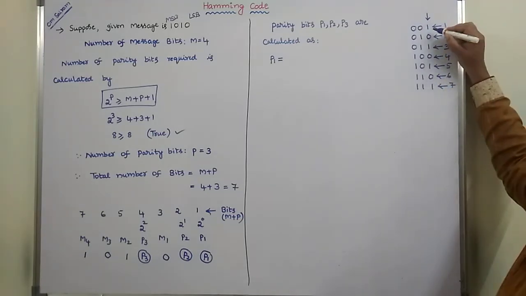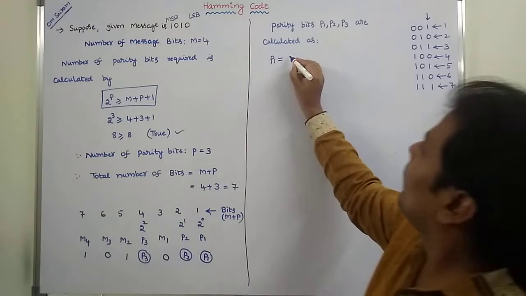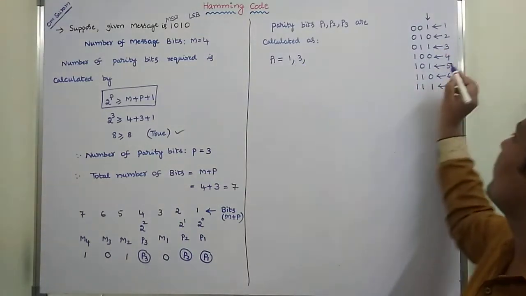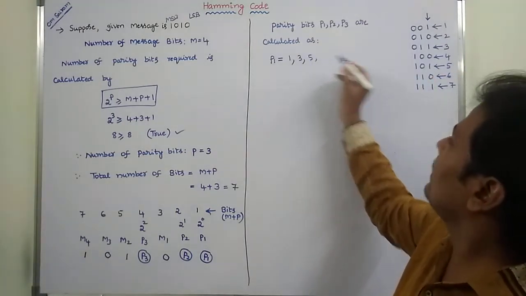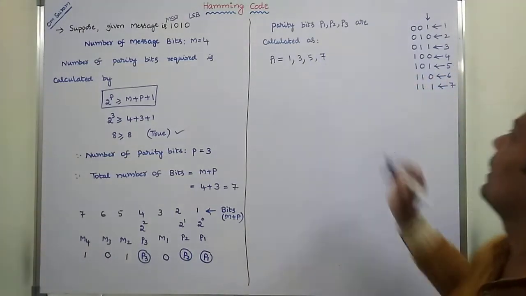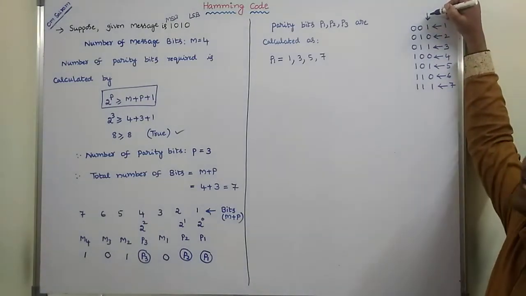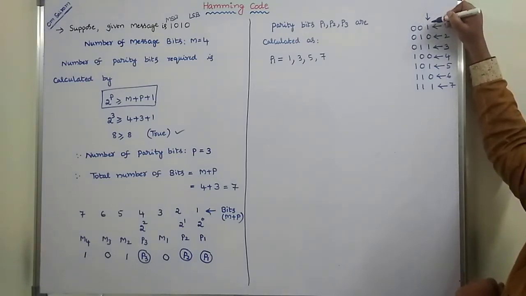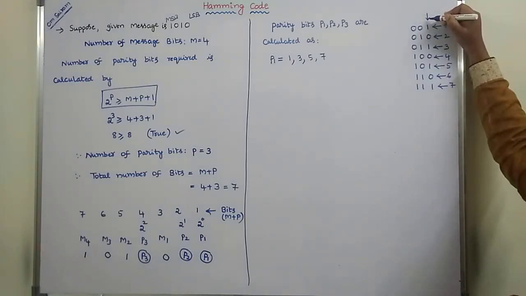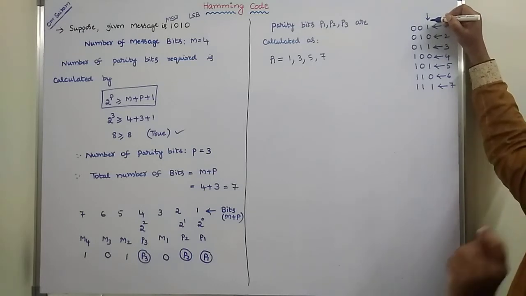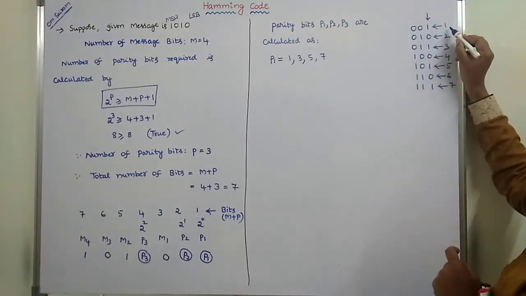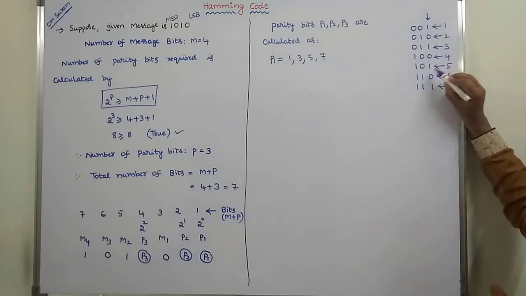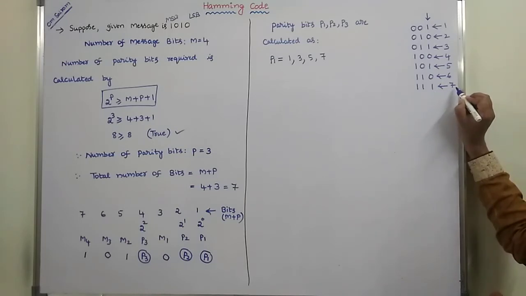Here 1 is there at the 1st, 3rd, 5th and 7th places. So while calculating the P1 value, we consider the LSB position column where the 1 is: 1 is in this position, this position, this position, and this position.